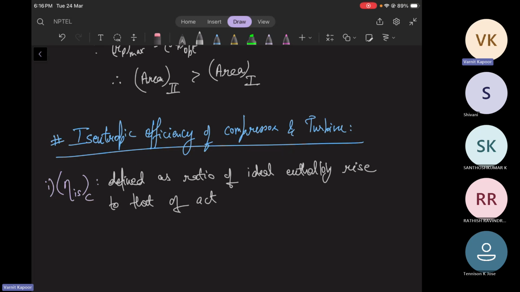Efficiencies can never be greater than 100 percent; it can be equal to 100 in an ideal scenario, which is not realistic. But the efficiency of a system can never be greater than 100 for any cycle in the real world, otherwise it would lead to the discovery of perpetual machines as well.